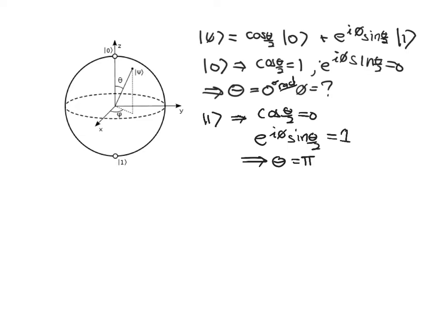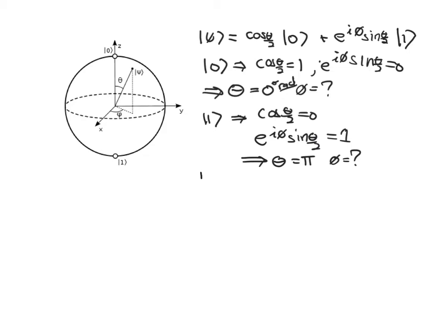Because if theta is equal to pi, then sine pi over 2 is 1. And again, phi is unspecified. So the 1 state is at the south pole, as you can see in this drawing here. So theta has gone all the way over to pi. So the 1 state is diametrically opposed to the 0 state in this Bloch sphere visualization.